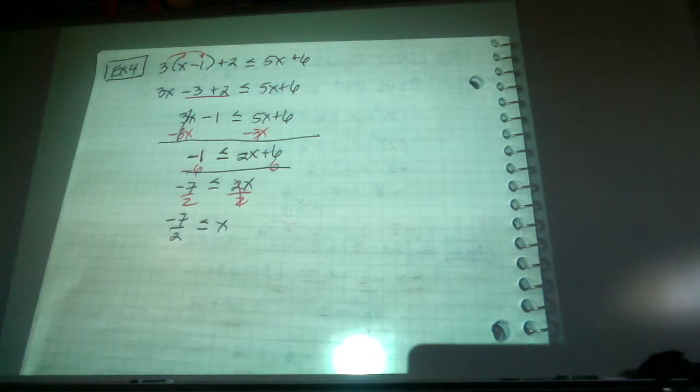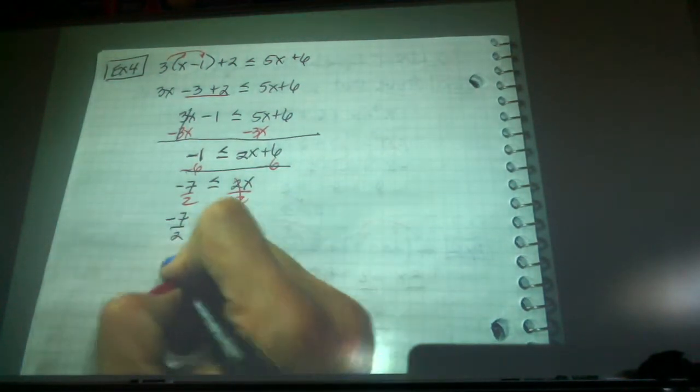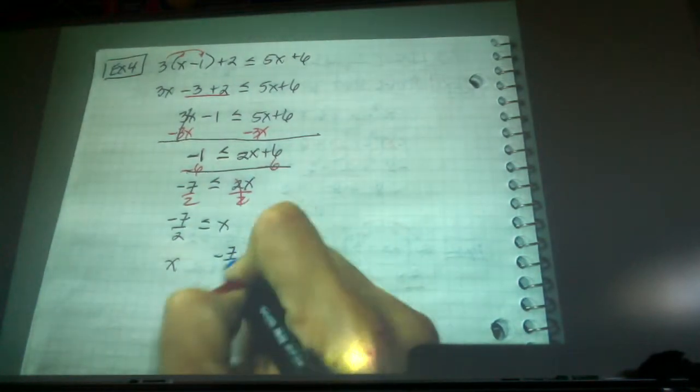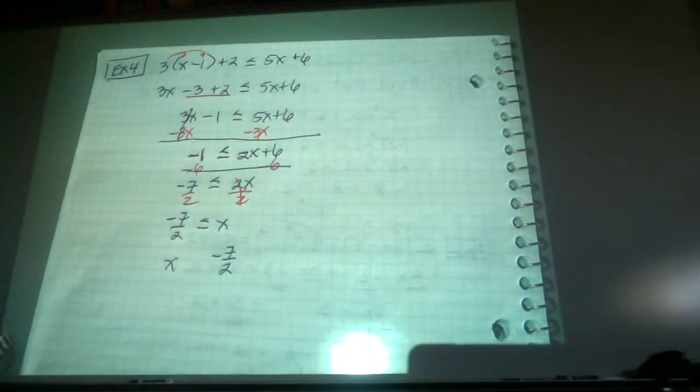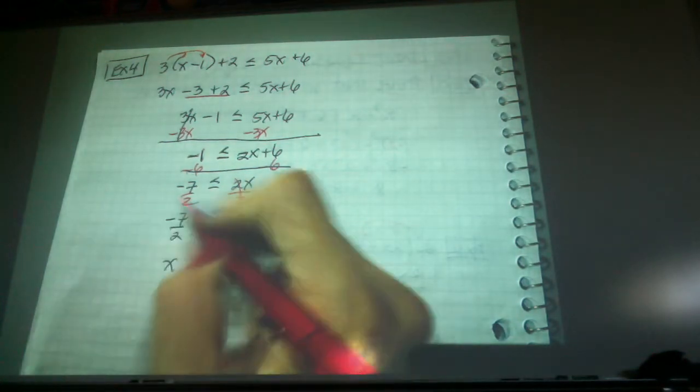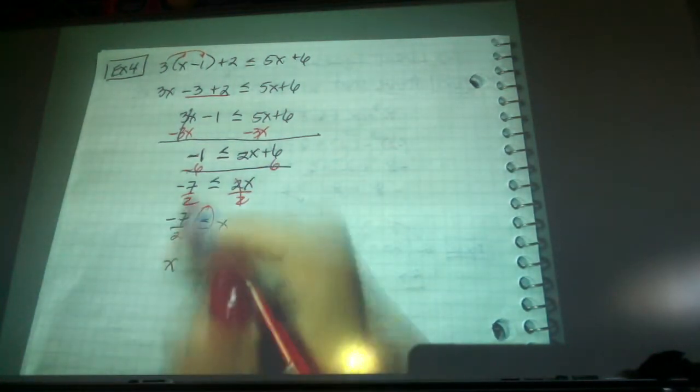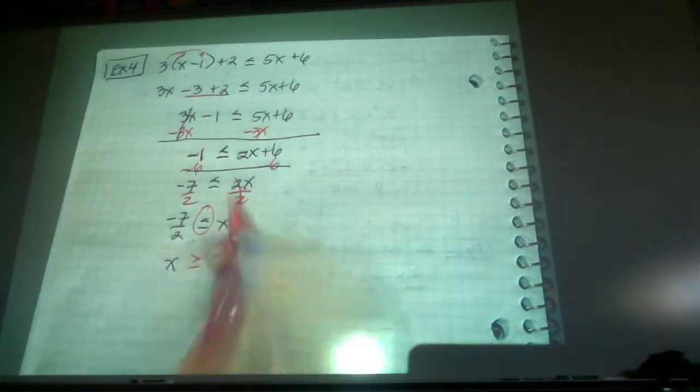I will tell you that MyMathLab won't accept that answer because they probably will put an x already in there for you. So if I were to flip the x and the negative 7 halves so that they're on the preferred side, what happens? Yeah, you have to flip that sign as well. So instead of a less than or equal to, I end up with a greater than or equal to sign.